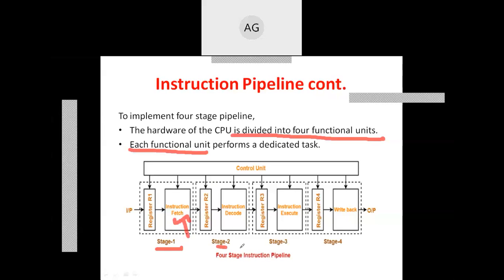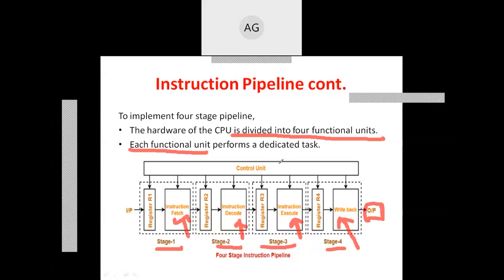In the second stage, we decode the instruction. In the third stage, we execute the instruction. In the fourth stage, we write back the result which we got in the instruction execute stage into the memory. After write back, we place it into the memory, so that's our output. In this way, our instruction pipeline works.